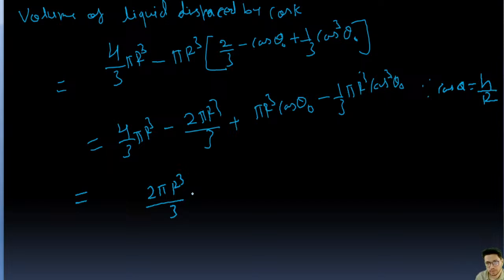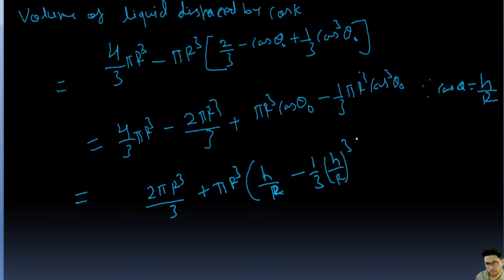So this is 2πr³/3, and this is πr³, we can take common here. cos θ₀ value is h upon r, from geometry we have found, and minus 1/3 (h/r)³. cos θ₀ is h upon r, so cos³ is (h/r)³.